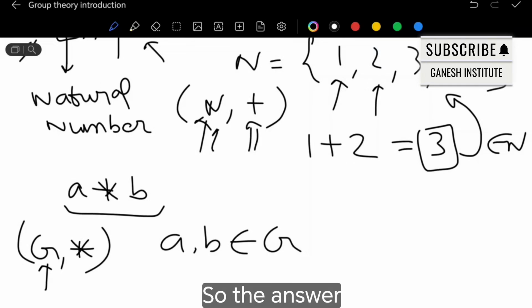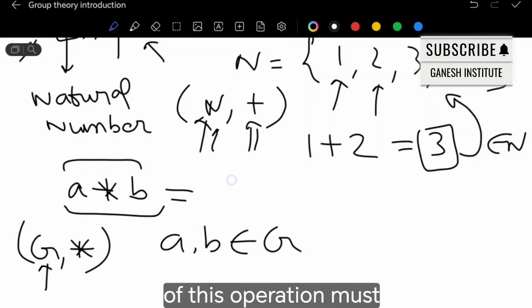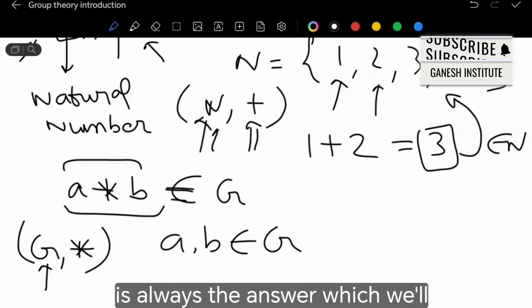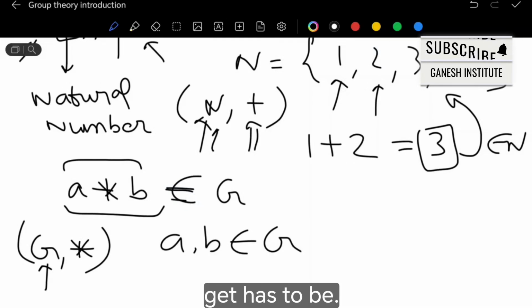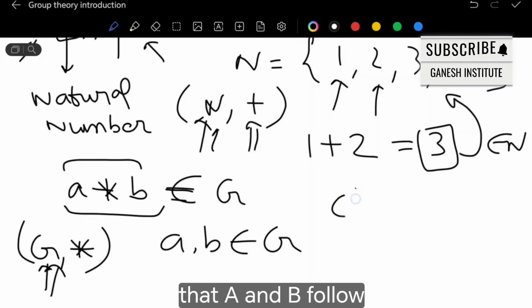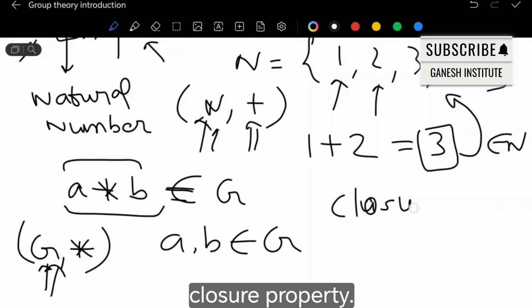So the answer of this operation must be from G. That is, always the answer which we will get has to be from this set. Then we will say that A and B follow the closure property.